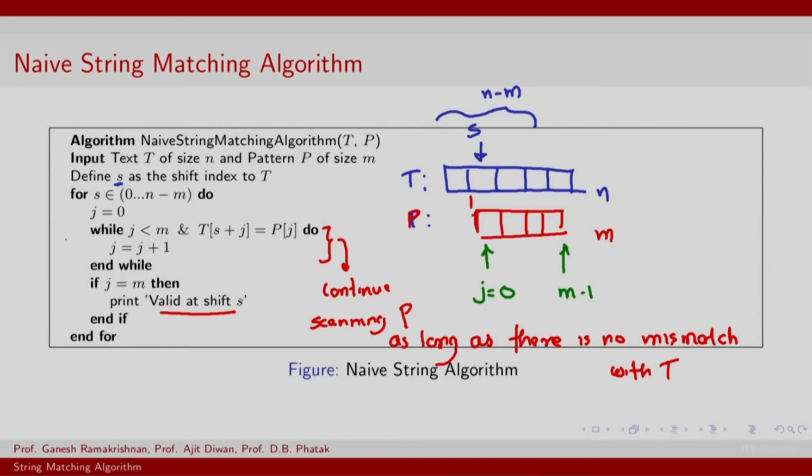And we are interested in all matches, and because of that we continue the scan. If we were not interested in all the matches, we could break right after printing the valid statement.